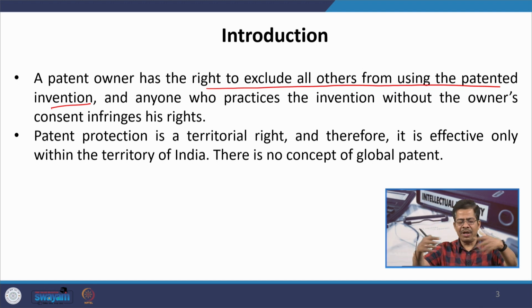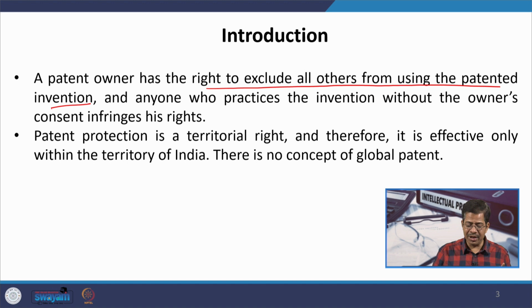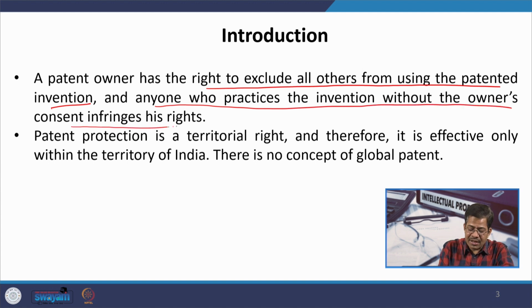So, I am excluding all of you from using my patented invention. Only I will decide who will use and who will not use. That is the right of excluding. It is not a public property, it is a private property. So, I ensure who can use and who should not, and anyone who practices the invention without the owner's consent infringes his rights.